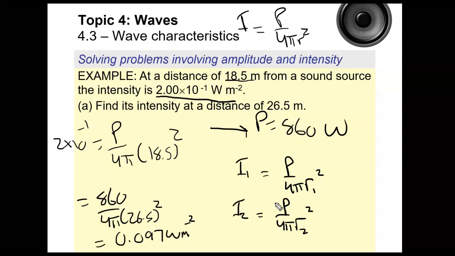Why would I want to do that? Well, when I divide, on the left side I get I1 over I2. And on the right side, the P cancels because it's the same in both, and the 4 pi cancels because it's the same in both. So this is 1 over R1 squared divided by 1 over R2 squared, which is basically R2 squared over R1 squared.